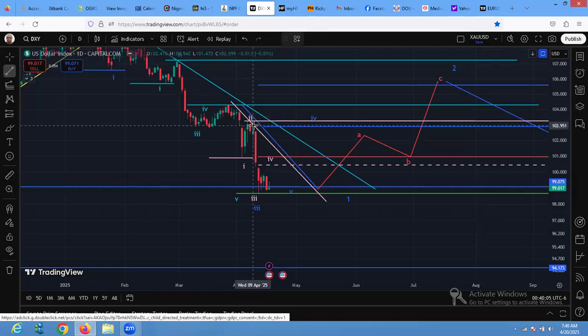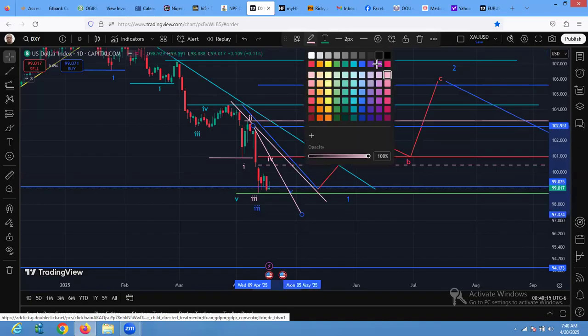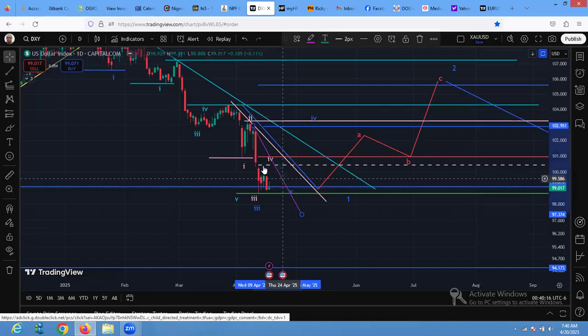From this area, we connect that. We need to break out of that place. So once we break out of here, we know that this is gone, but we are yet to do that.